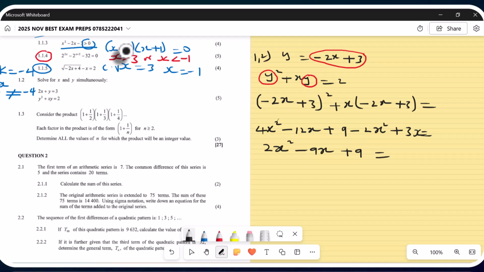equals 0. Now, to get our factors, you can say 2 times 7, that is 14. Because of the 9 here, I can say it's going to be 2x squared here. Now this minus 9x, because this is 2 times 7, which is 14, I can say the negative 2 and negative 7.